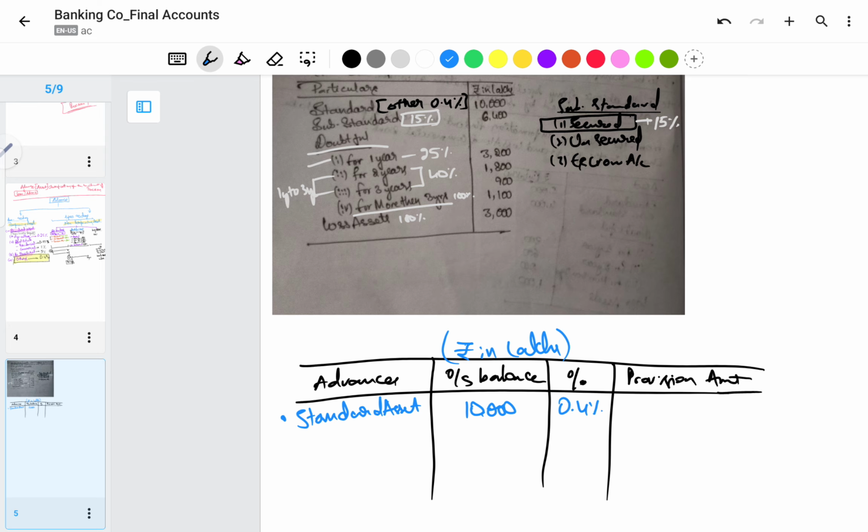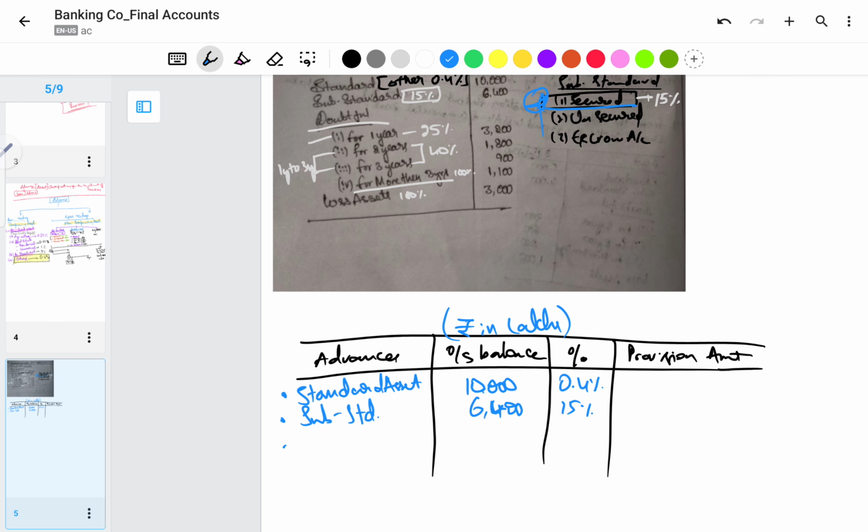0.4 percentage. Then we have substandard. Here also there is no specification. Under substandard assets we have three categories as discussed. Nothing is specified, so we consider it as secured assets. The balance is 6,400 and the percentage is 15%.